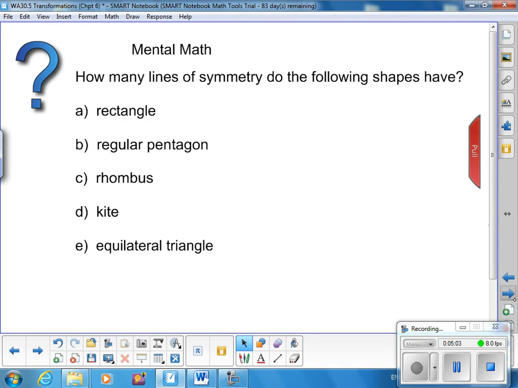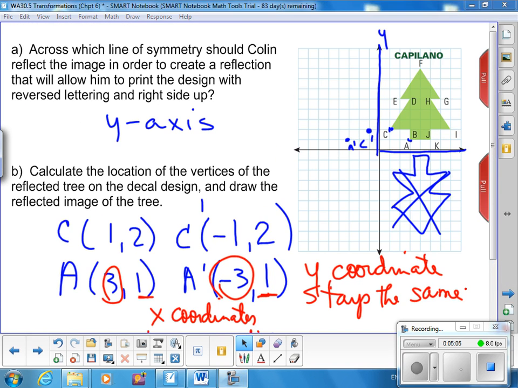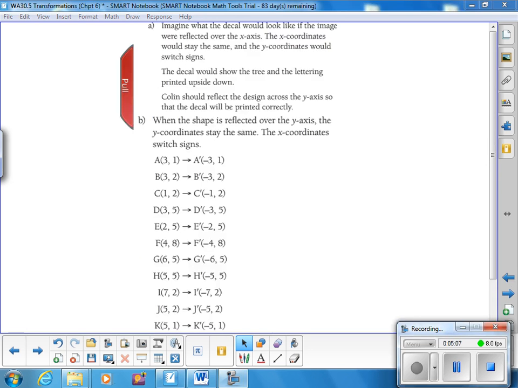Here are all the coordinates for the reflection of the tree, if you want to check your answers.